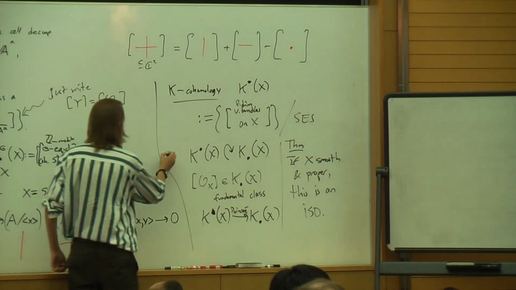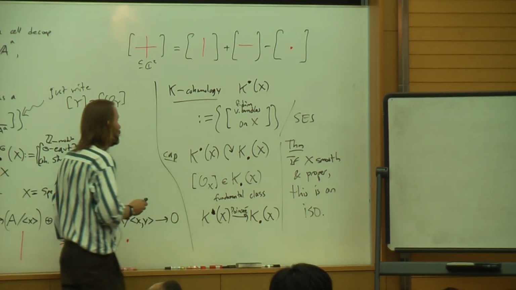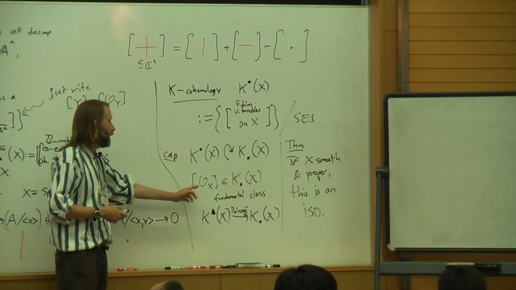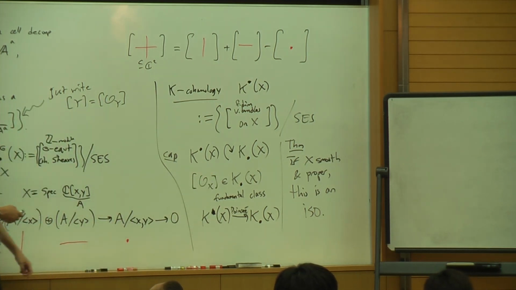So here I've got this cap product. If I have a fundamental class, I can cap the fundamental class to get a Poincare map. And the statement is that's an isomorphism. So that's Poincare duality for K-theory.